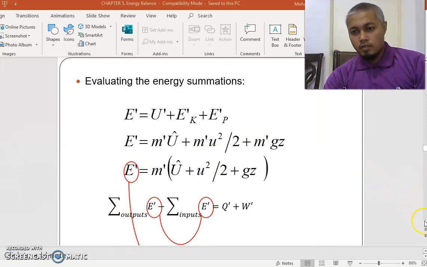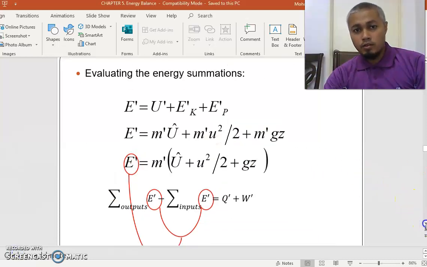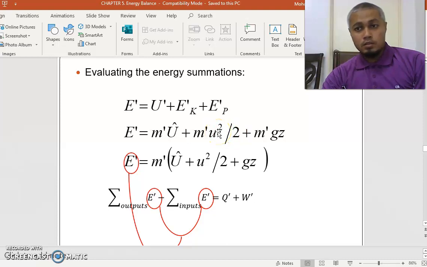Now we are going to derive a formula for the energy balance for an open system. So we need to evaluate the energy summations, where initially we have energy equals internal energy plus kinetic energy plus potential energy. Since this is an open system, we have dot here, and also dot here, which refer to mass flow rate.